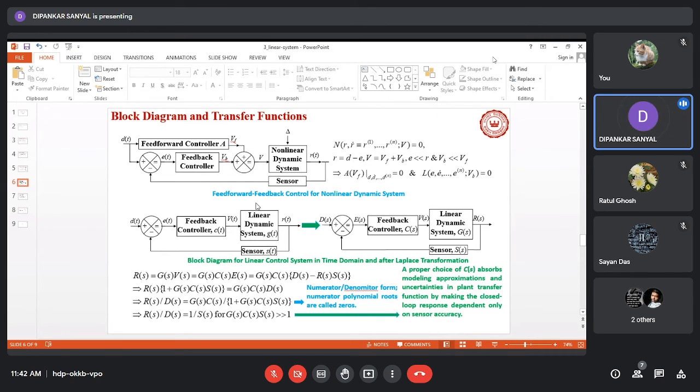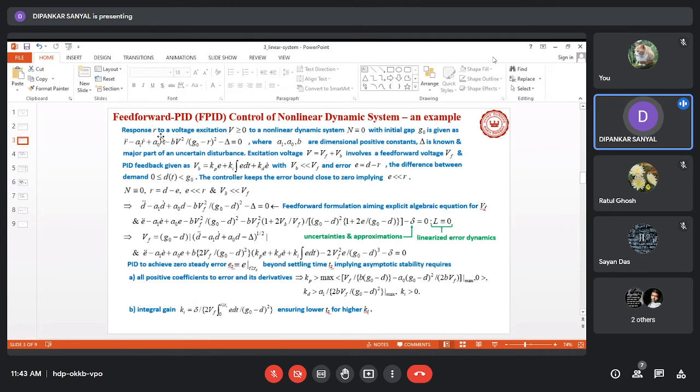GS is the plant transfer function, and the plant transfer function arises from this initial governing equation, and this initial governing equation is dictated by the physics where we do not have any control. We do not know everything in its greatest details regarding the flow force.